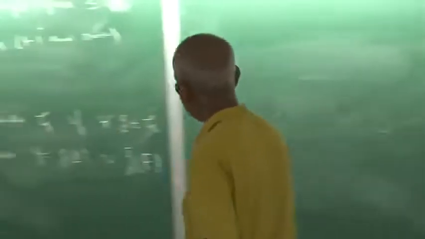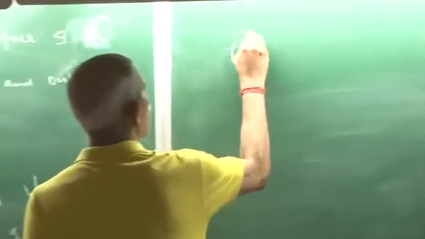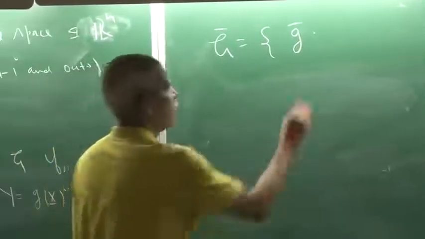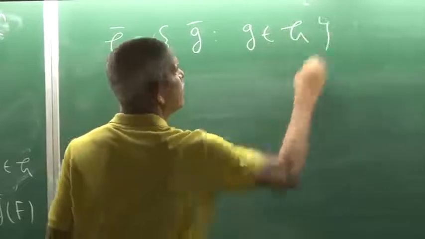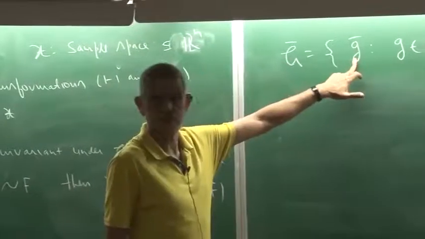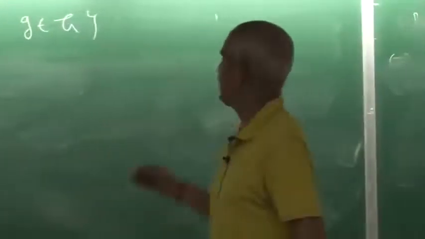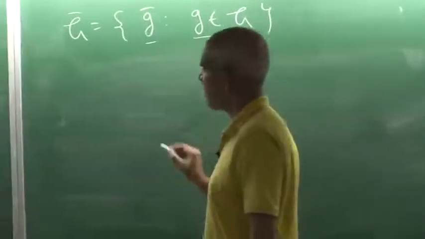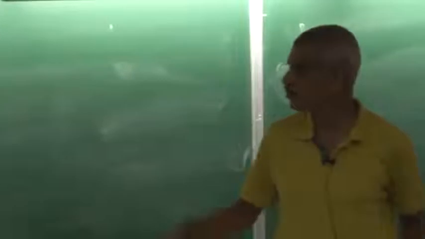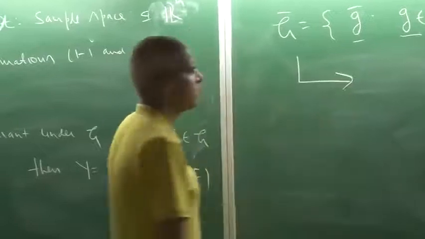Now note that each g over here gives rise to a g bar. So I can talk about the collection of all such g bars which correspond to different g's in G. So this group of transformations gives me another set of transformations which I am denoting by G bar, because for every small g there is a g bar, and this G bar is acting on P, because I am talking about g bar of f. So the question is, this is certainly a set of transformations.